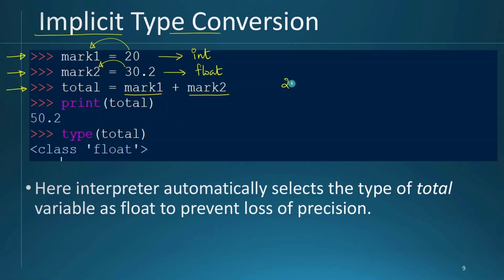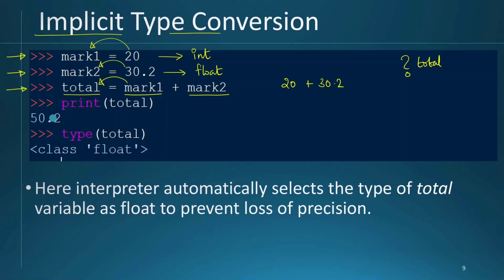So right now I am adding 20 plus 30.2, and now I am loading the result to total. Now the question is, what will be the data type of total? Because you can see on the right side, the first operand is an integer, the second operand is a float. So what will be the data type of total?